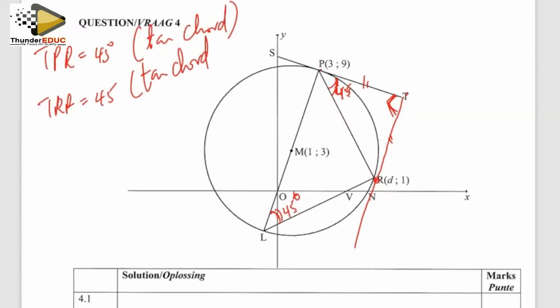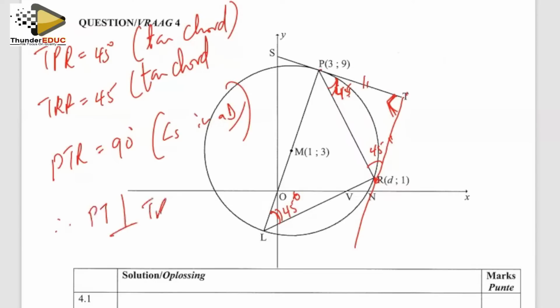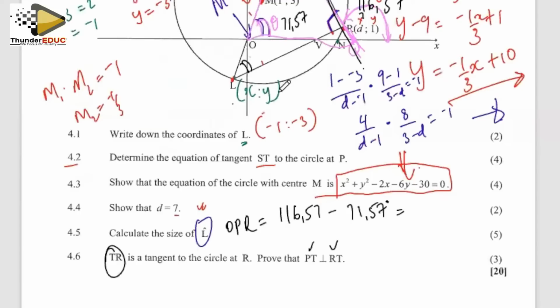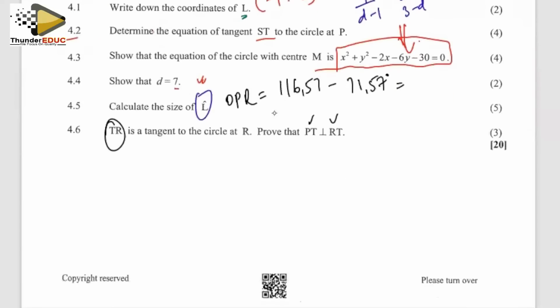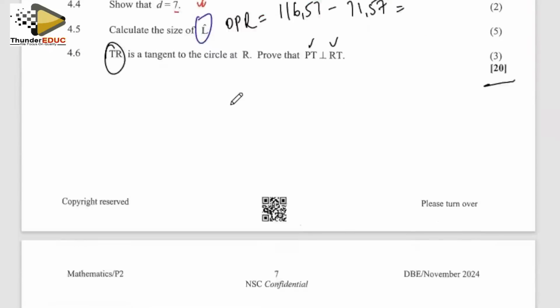Then if that's a 45 and that is also 45, then we can say that angle PTR is going to be 90 because those are angles in a triangle. And since it's a 90, therefore, PT is perpendicular to TR. All right, so that is how we would have gone about with question number 4.